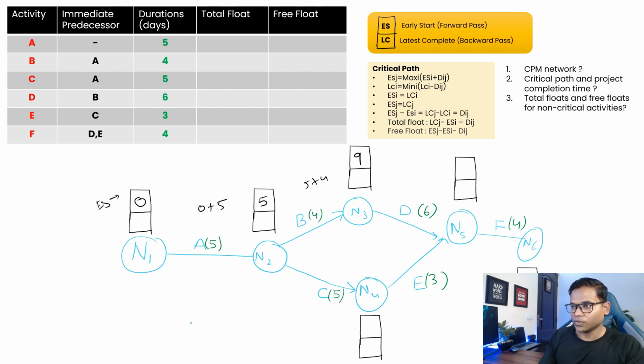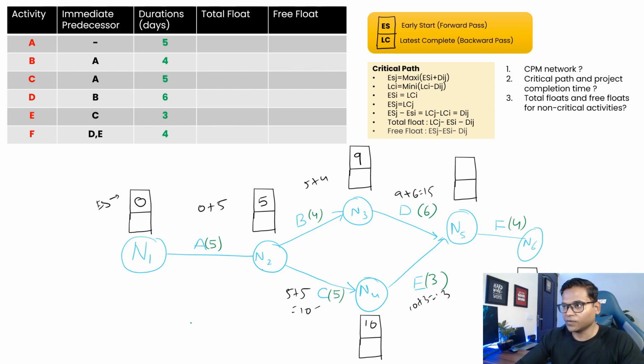Then for this node, if you see there are two activities coming in, so we need to solve this one first. The early start for node 2 was 5, so it should be 5 plus 5, which is the duration, equal to 10, so 10 is your early start for this node. Now if you move up here, the two activities are coming in from here. If we calculate the early start for this node, it is 9 plus 6, which is 15, and then 10 plus 3, which is 13.